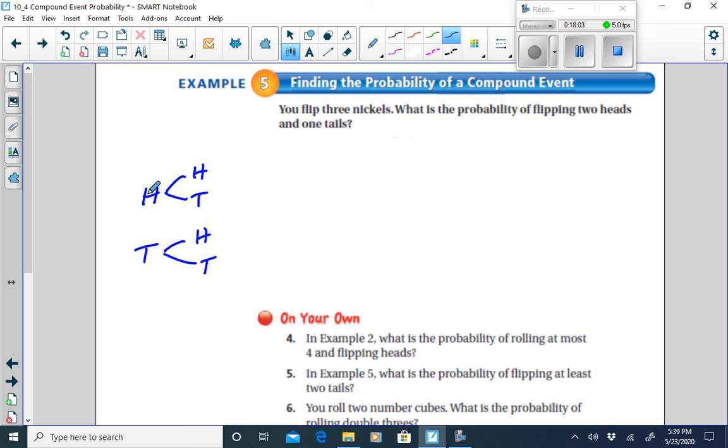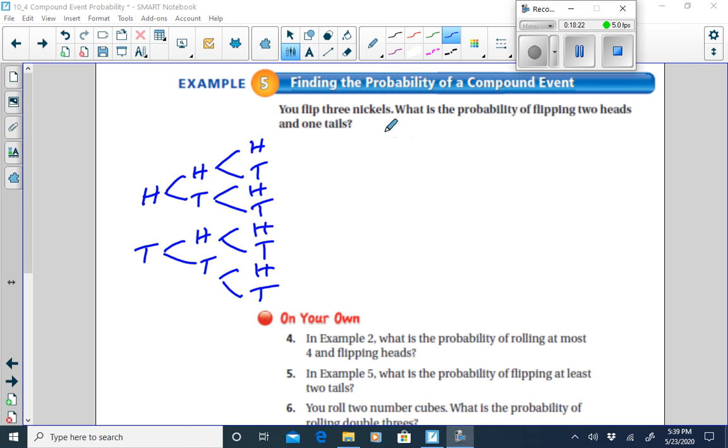If the first coin lands on heads and the second coin lands on heads, that last coin could be heads or tails. If the first coin lands on heads and the second coin lands on tails, that last coin could be heads or tails. We're going to make our list that way, heads and tails, and finish it down here, heads and tails. The sample space we'll put over here. The sample space is going to look like this.